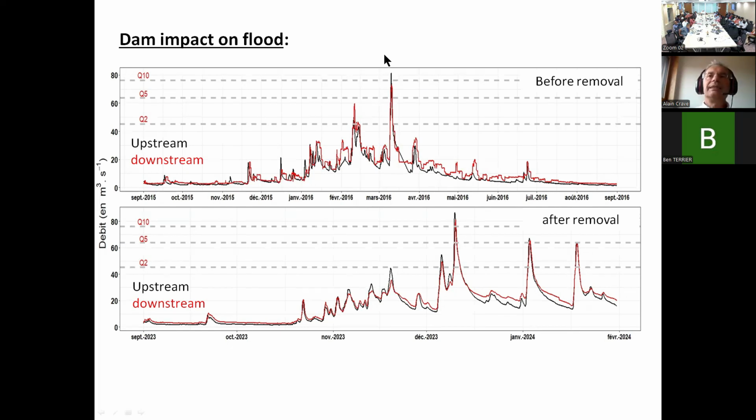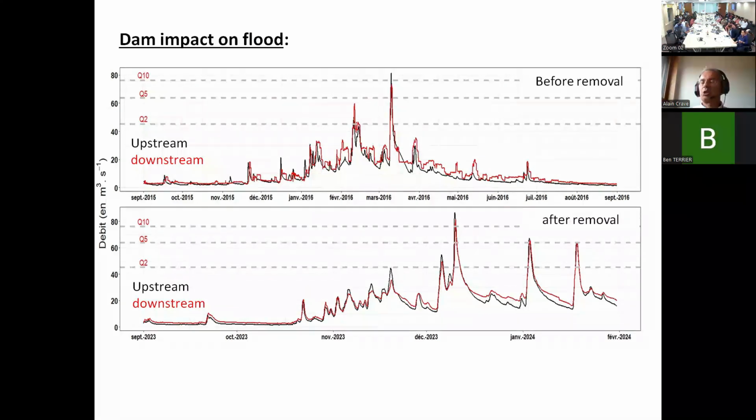We are before the removal, and you can see clearly the influence of the dams on the discharge dynamic in time when you are below a value of discharge which corresponds to the overflow of the flood. When you are above this value, which is a Q2, we get the same dynamics between upstream and downstream.